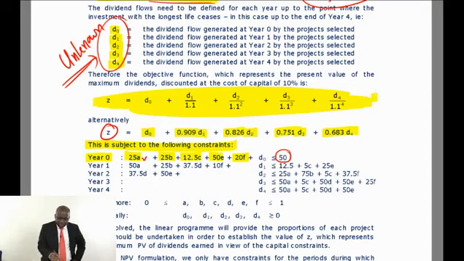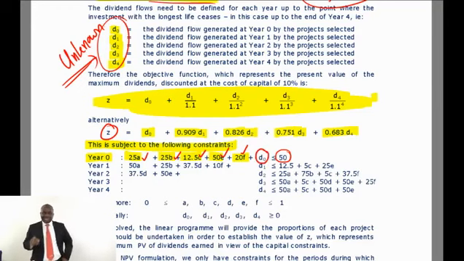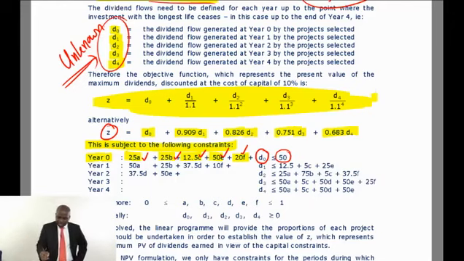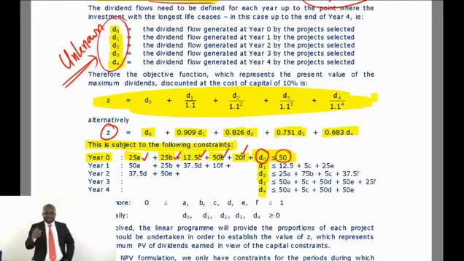Whatever monies I will spend on project A, project B, project C, D we didn't need any money, E, and then F, plus whatever monies I can make available to pay dividend in year 0 should not be more than the 50,000 I have. So it should be less than or equal to that 50,000. That is why you see it here like this. So the additional thing you are bringing in, in addition to whatever we did in the NPV approaches, because we want to know the amount we have to use to pay dividend, is we would have to bring in the D1 because we don't want to spend more than what we have.